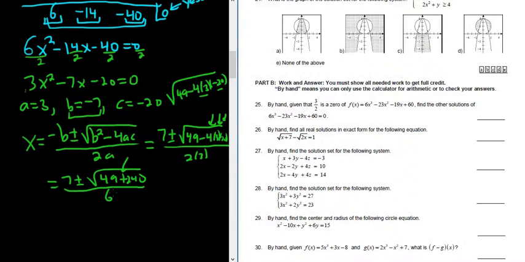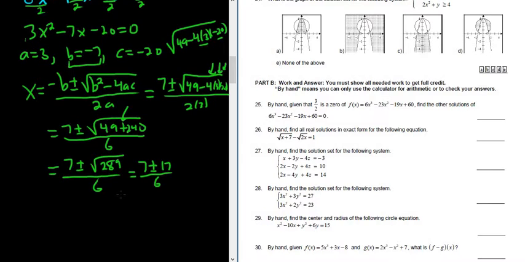Let's keep going. This is equal to 7 plus or minus the square root of 240 plus 49, which is 289, all over 6. The square root of 289 is 17, so this is 7 plus or minus 17 over 6. Now we break it up into the plus and the minus.